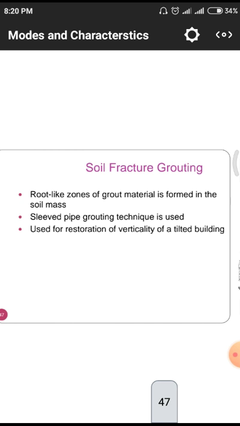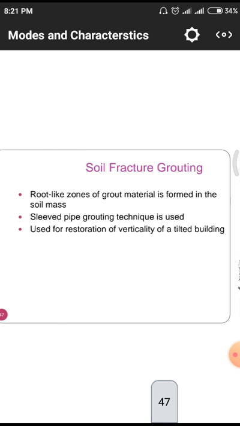After a few decades the root matter is completely decayed by the microorganisms present in the soil, and due to the decay of all the root matter, the space is formed as a void in the earth.